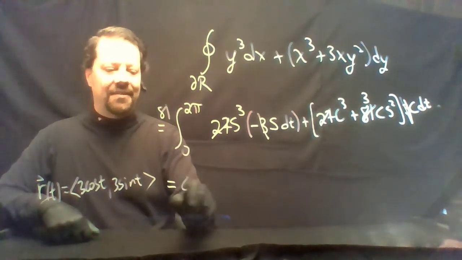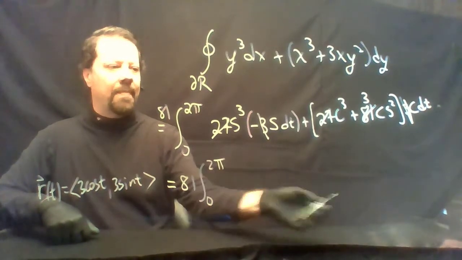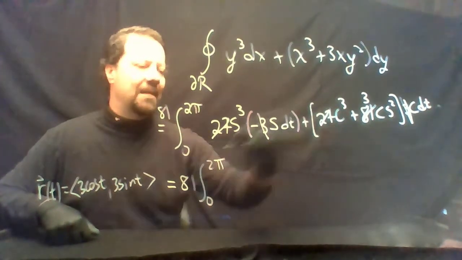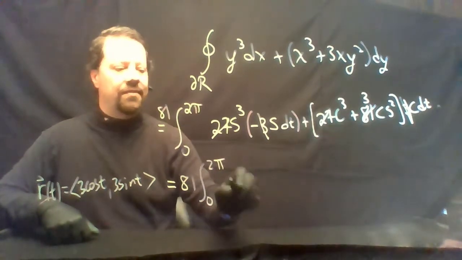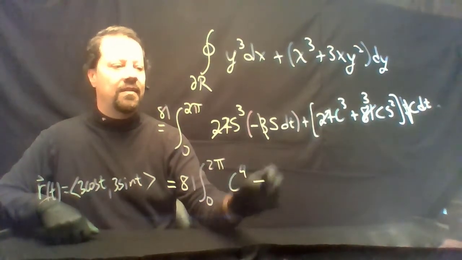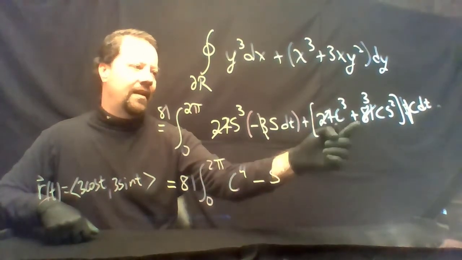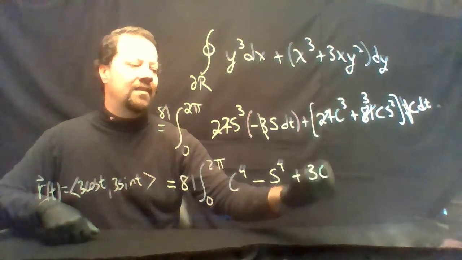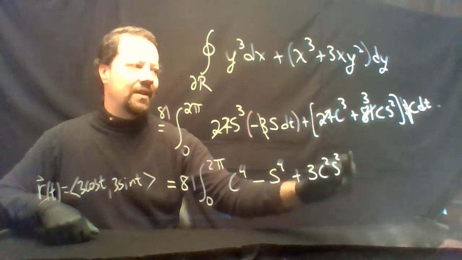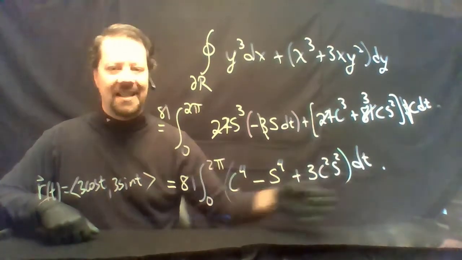Let's see what's left. The dt can be factored out of everything. We'll have a cosine to the 4th minus sine to the 4th, and then plus 3 cosine squared sine squared, all times dt.